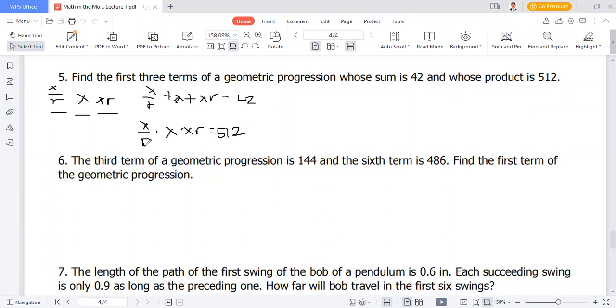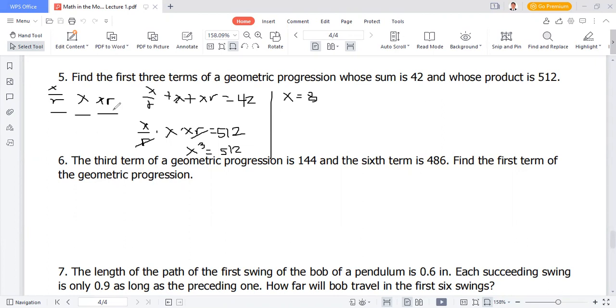Mapapansin nyo sa product na to makakancel yung r. Tama? Magiging x cube na lang siya. So yung x cube daw ay 512. Kung ang x cube ay 512, kukunin natin yung cube root ng bawat isa. Ano yung x? So, ang x natin will be 8. Okay? So, yun. Nakuha na kagad natin si 8.